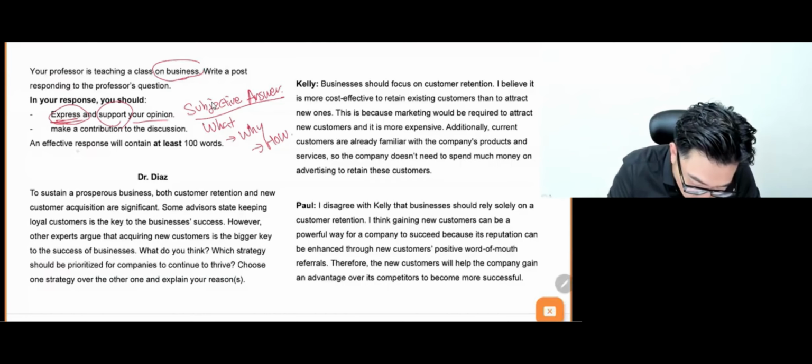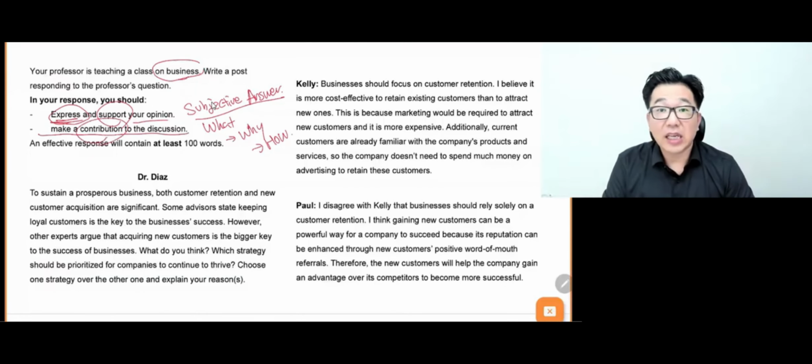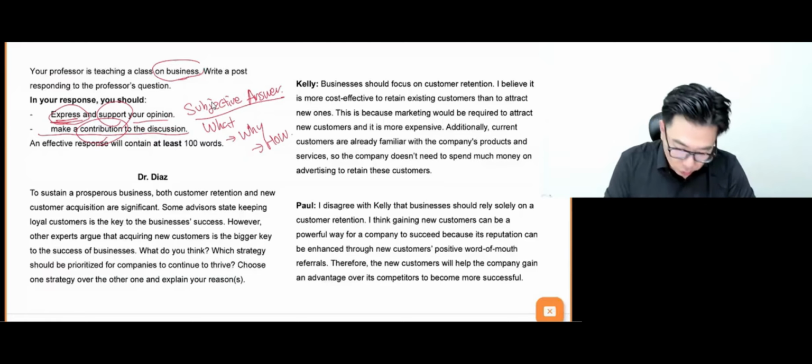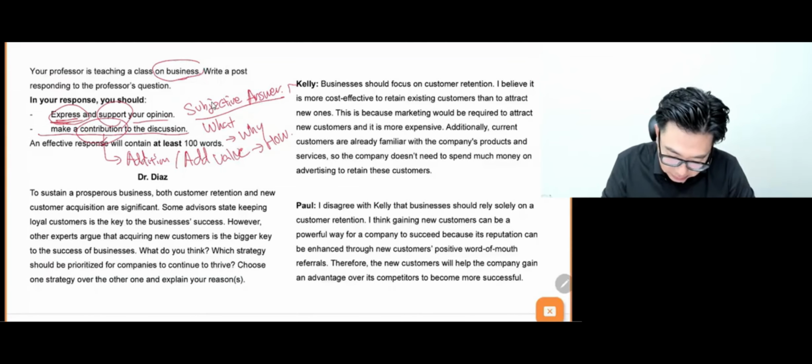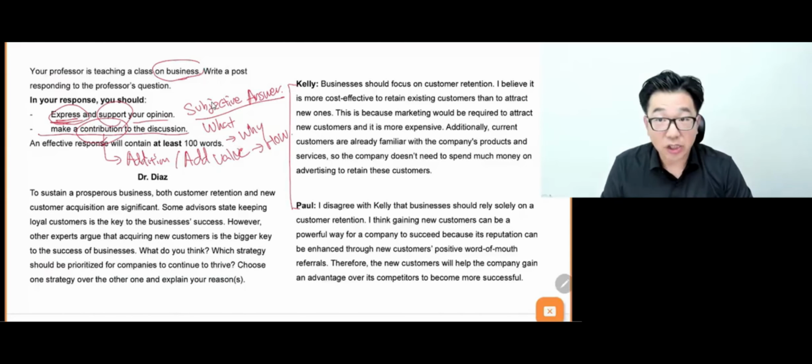And make a contribution to the discussion. So let me explain this in easier terms, so you understand what you need to do. Make a contribution. So make some kind of addition and add value to this existing discussion.